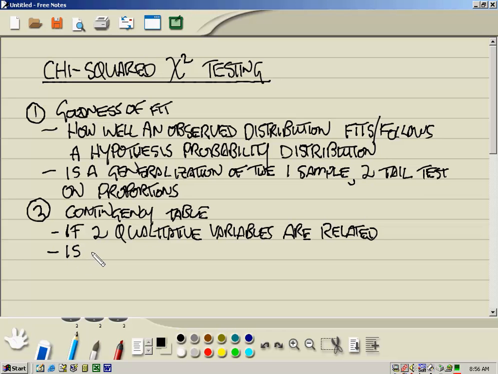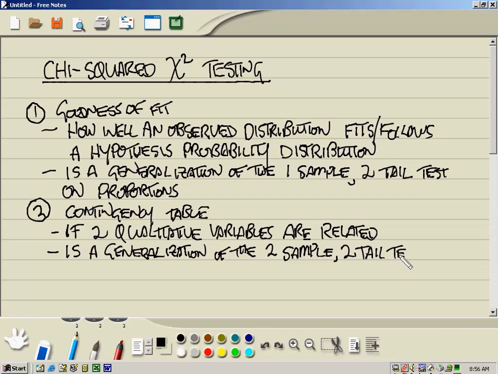This test is a generalization of the two-sample two-tail test on proportions.